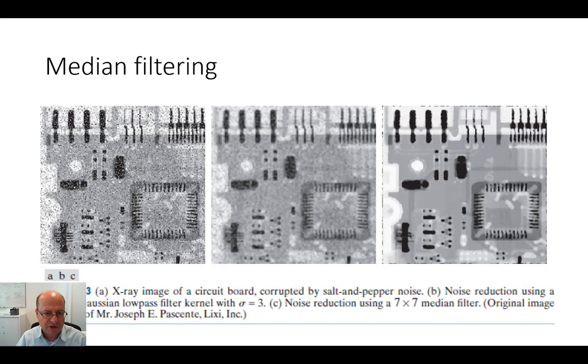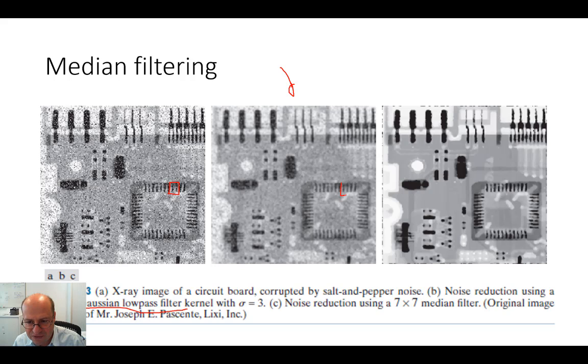This is an image with salt and pepper noise. You see that there are black particles and white particles spread out together. If I apply noise reduction with a Gaussian low-pass filter, I end up with this result. It's kind of good, but I lost details.